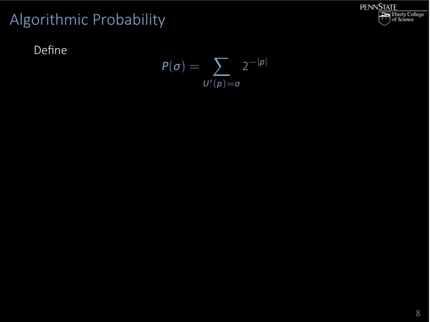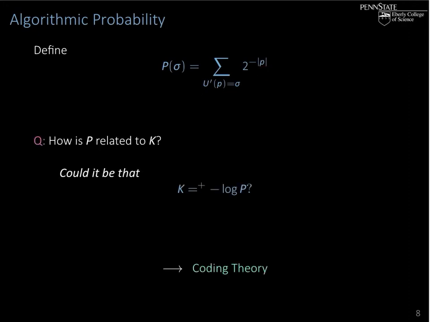As before, you can think of it as the probability that a random coin toss produces a program for sigma. Now we can ask, how is this related to K? Could it even be that K is, up to an additive constant, the same as the information given by this probability distribution?